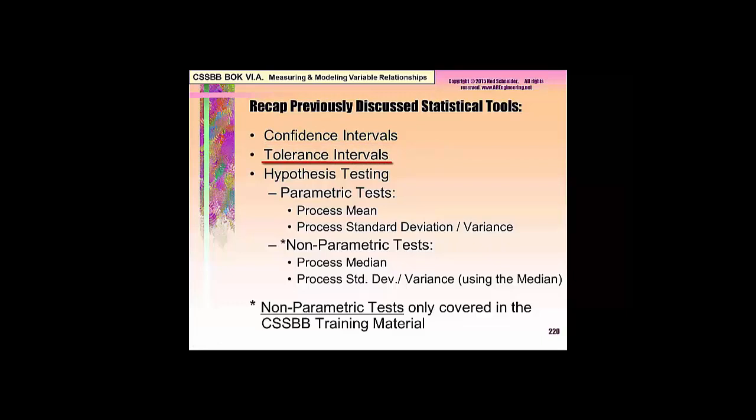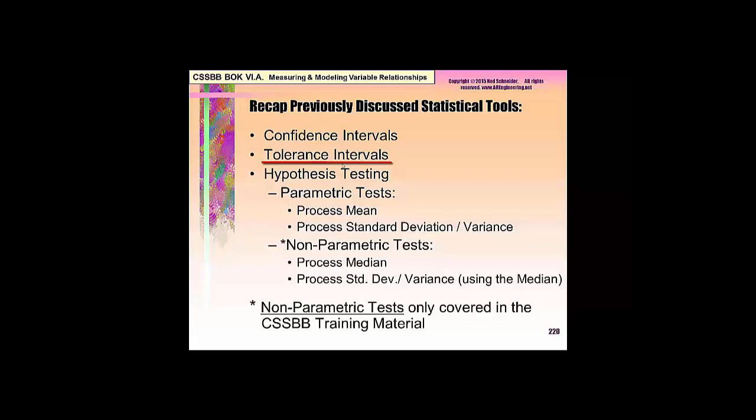Next, we discuss tolerance intervals, and this is a technique where we let the process tell us what the specification limits are, or at least a technique that tells us what the process is capable of doing.